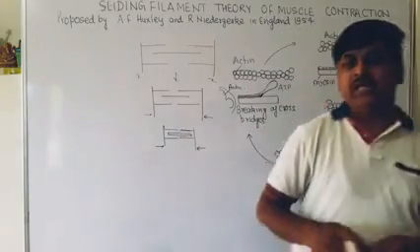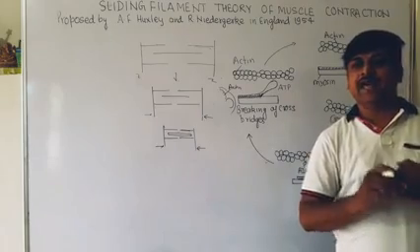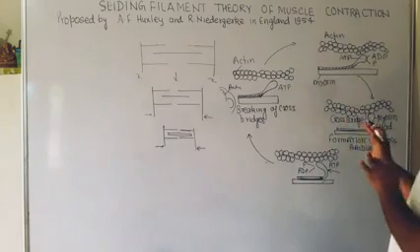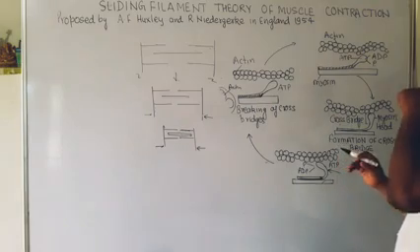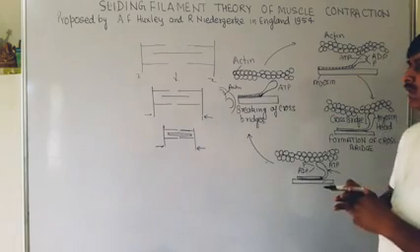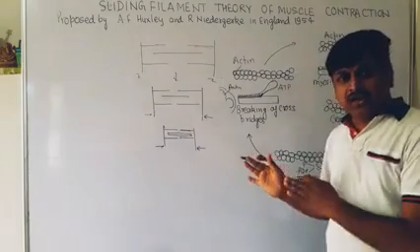Clear? A new ATP binds and the cross bridge is broken. After attachment, detachment is also necessary. Clear, student? So a new ATP binds and it is broken down to form ADP and inorganic phosphate.